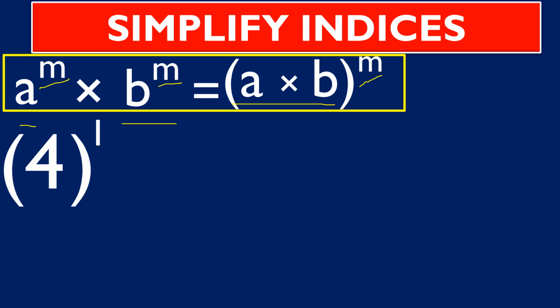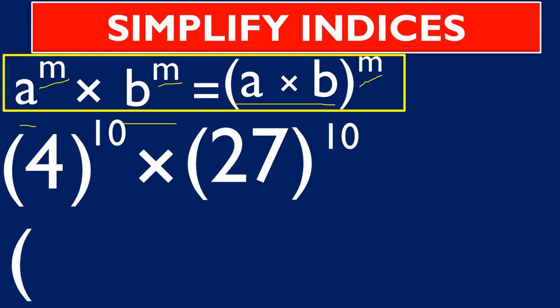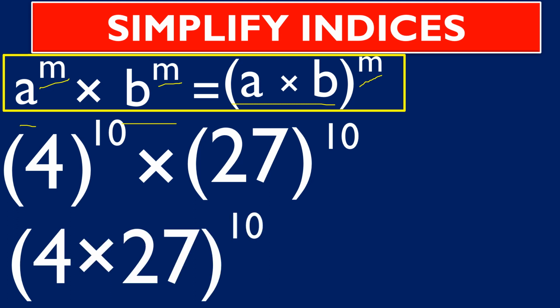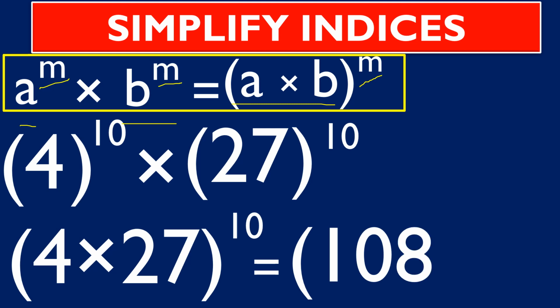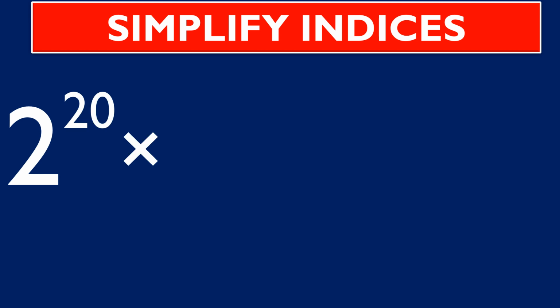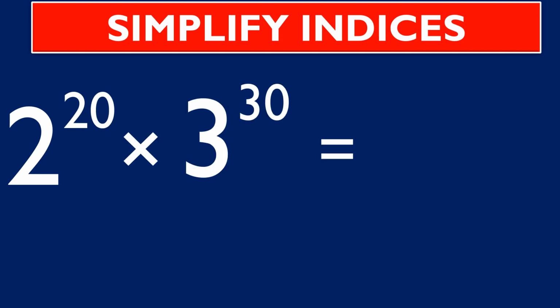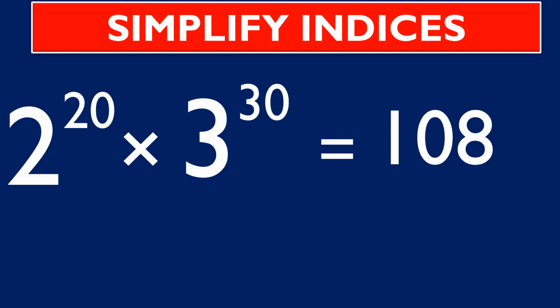So what we have is 4 raised to the power 10 times 27 raised to the power 10, which simply gives us 4 times 27, which is 108, raised to the power of 10. So our answer, 2 raised to the power 20 times 3 raised to the power 30, is 108 raised to the power 10.